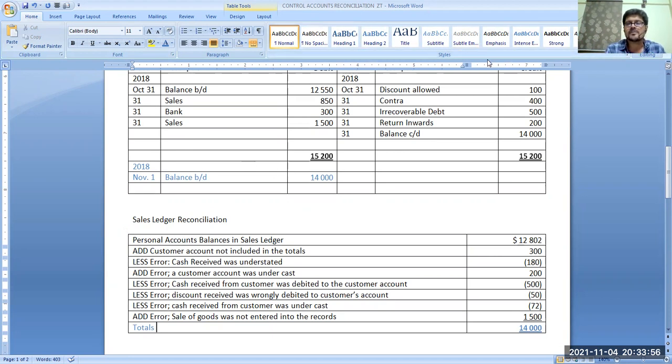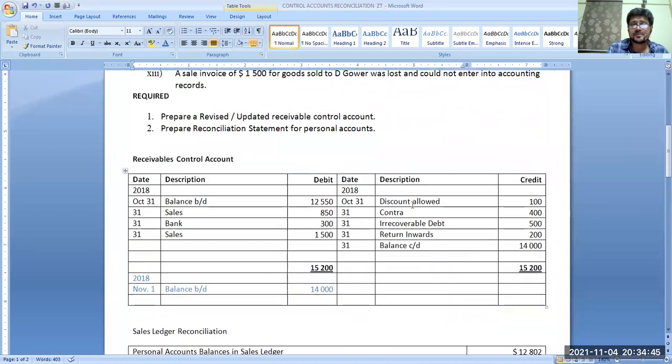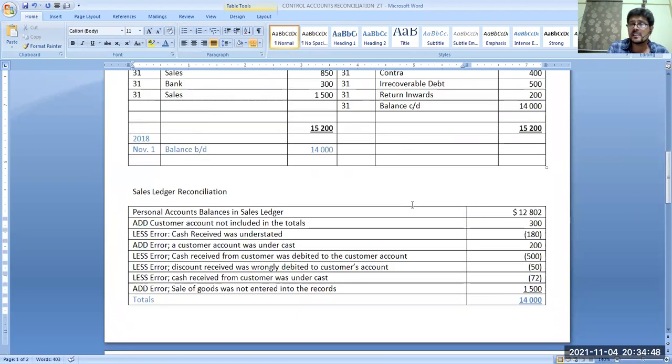Getting my point? So class, today we have done control account reconciliation. So we have to be very careful in which transactions we are posting. The last transaction especially should be entered on both the sides. So there might be more transactions which need to be entered on both the sides. Okay.